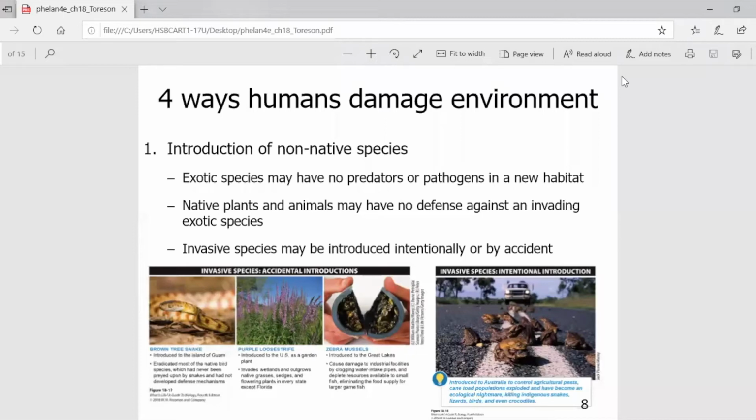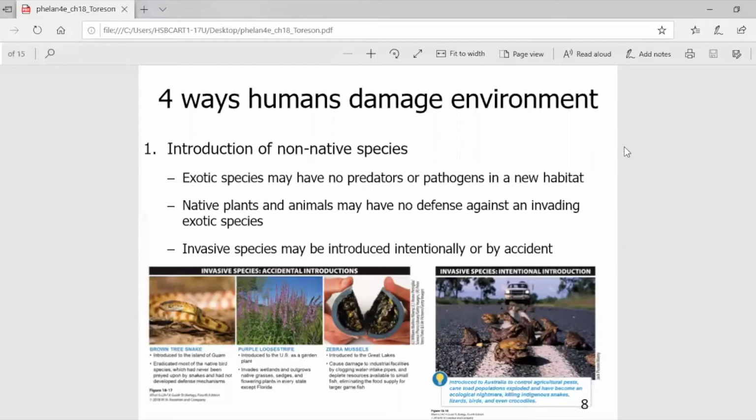In either case, introducing a species that was not previously in that particular habitat can lead to significant repercussions. These non-native or exotic species may have no natural predators or pathogens in a new habitat, and therefore it is difficult to control the population of that exotic species.